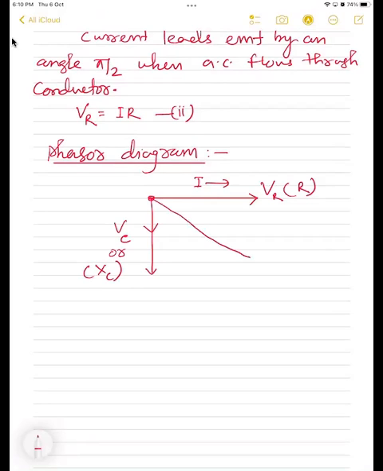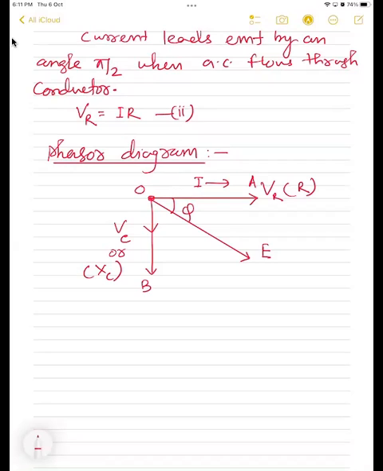So the net EMF will be found by the parallelogram law of vector addition. This is E. If this is O, this is B, this is A. OB represents VC along the negative y-axis, and VR is represented by OA along the x-axis, which is along the current.